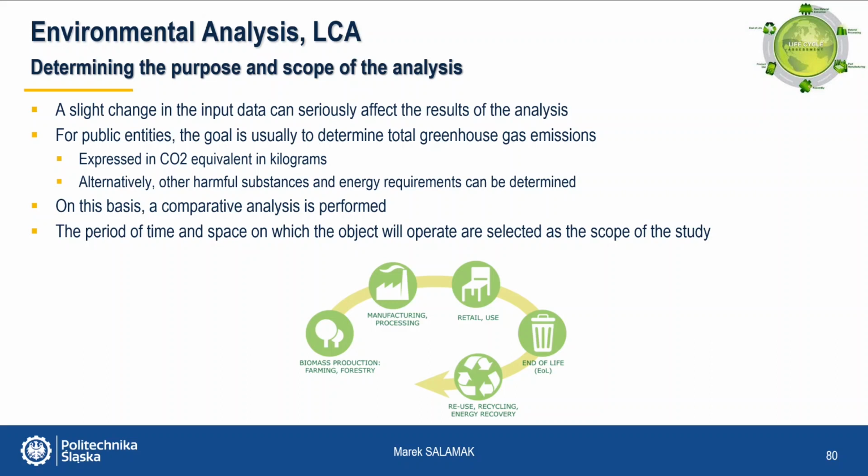In practice, when analyzing public entities, the aim is usually to determine the total greenhouse gas emissions expressed in kilograms of CO2 equivalent and possibly the emission of other harmful substances and energy demand. On this basis, a comparative analysis is then performed. As the study scope, the time and space in which the facility will operate, by the assumptions provided by the contracting entity, are selected.